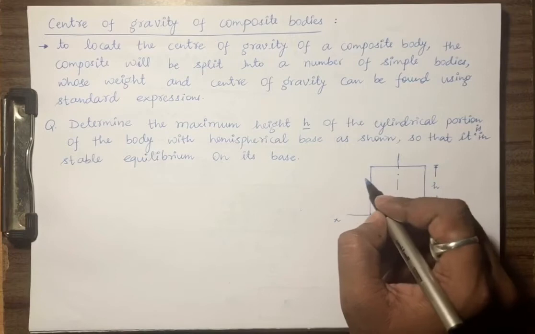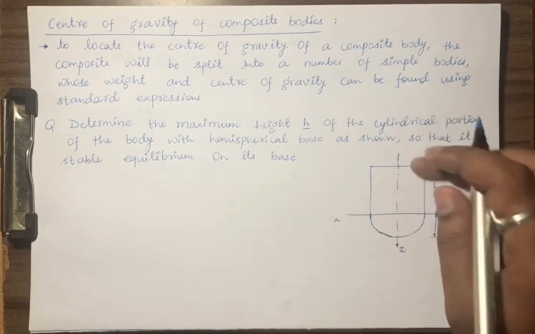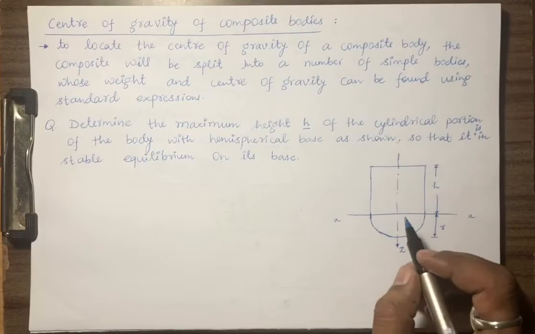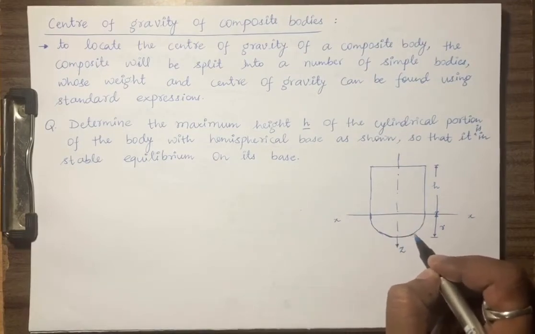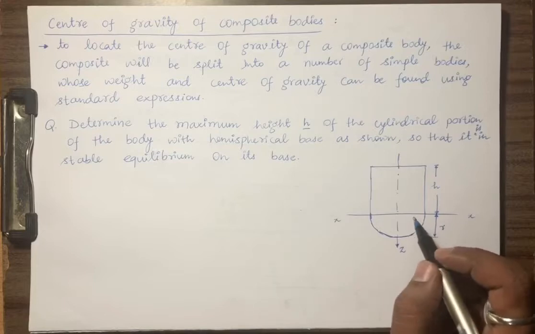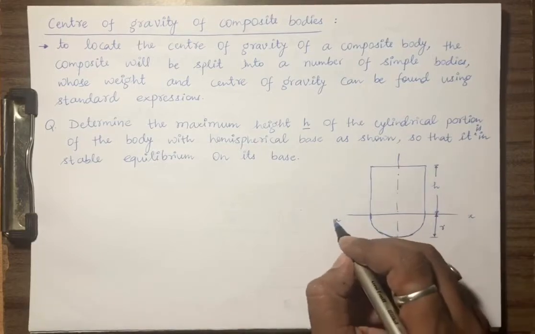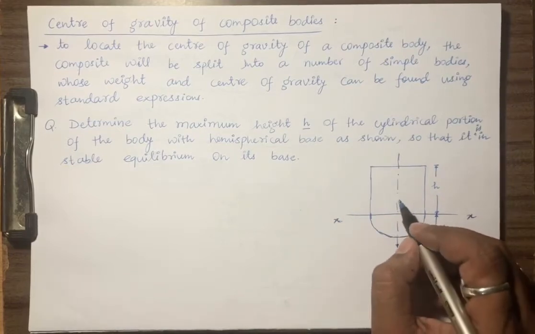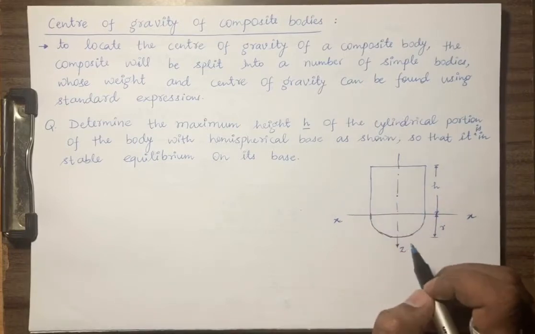If we push from this side, it will rotate, but it will regain its original position. For this condition, we have to maintain the center of gravity of this body below the base, below this x axis. Then only it will be in stable equilibrium.